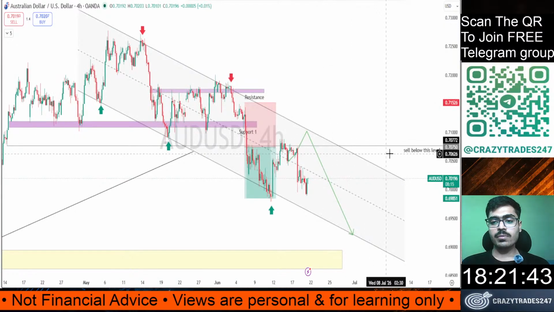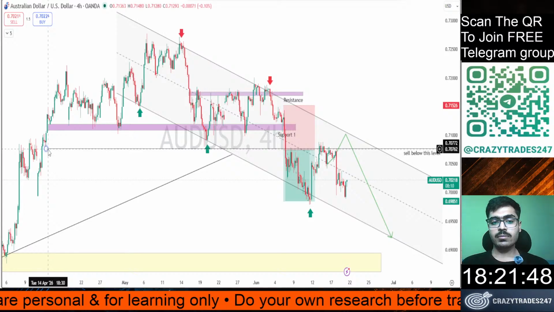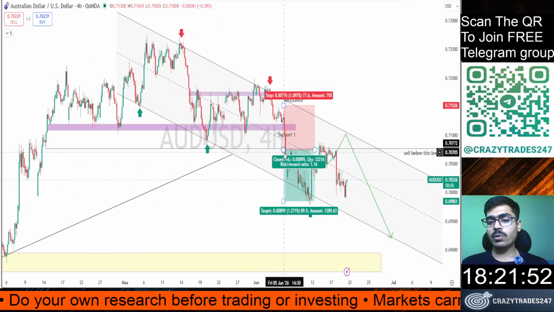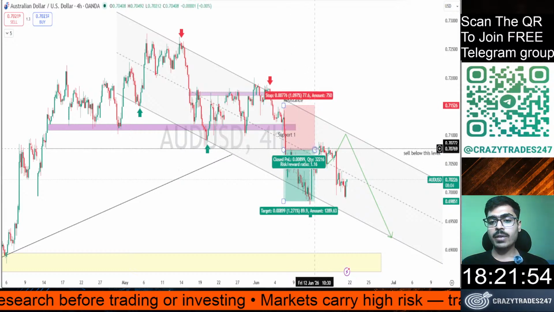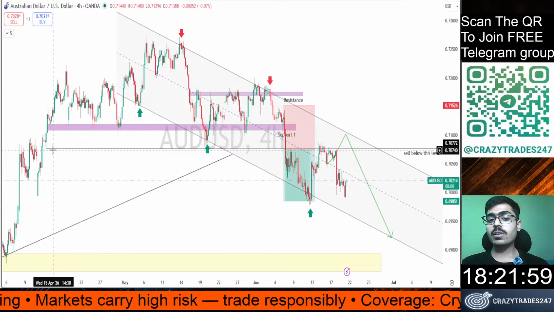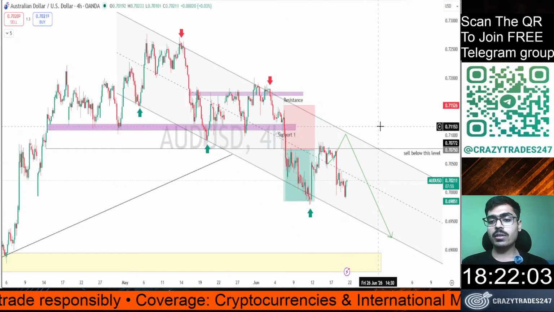Why this level? Because this was an important support through which, when price broke below, we took a short entry. So our entry point, this support level, which was earlier working as a support, has now turned into a strong resistance.